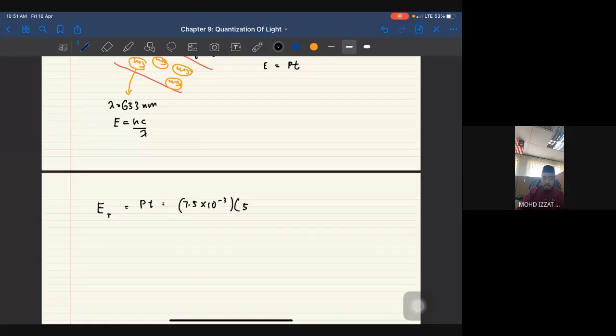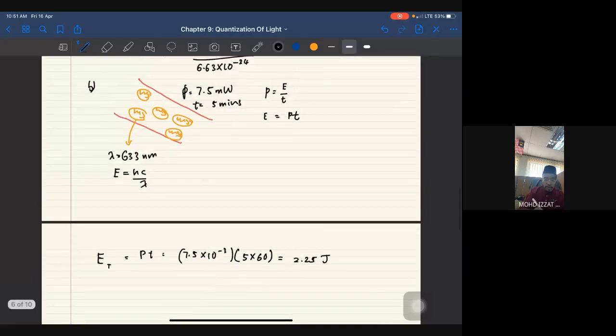Obviously, the unit for power is joule per second, which is watt, so you have to change minutes to second. So it will be 300 multiplied with 7.5 times 10 negative 3. I got over here 2.25 joule. So this is the total energy.